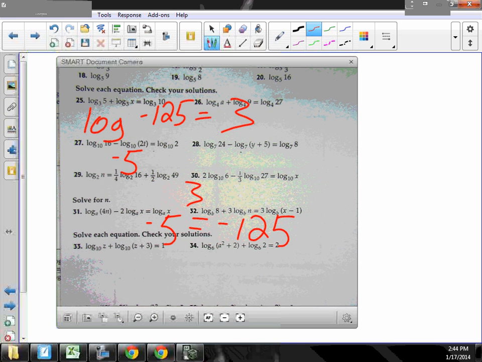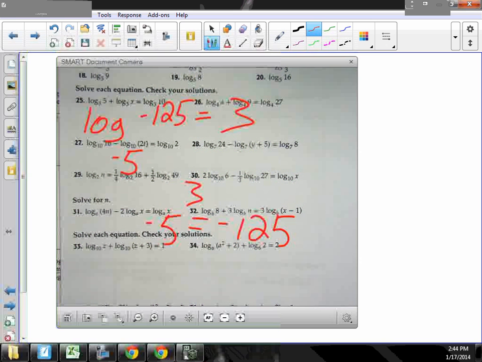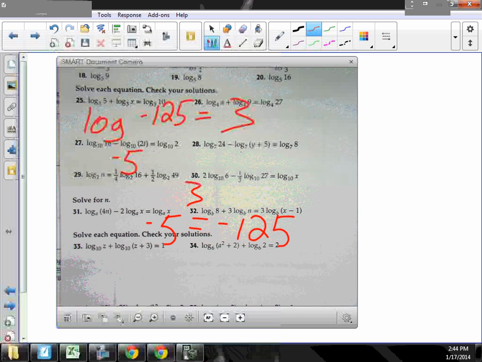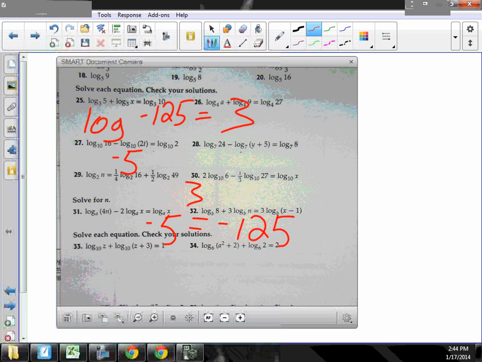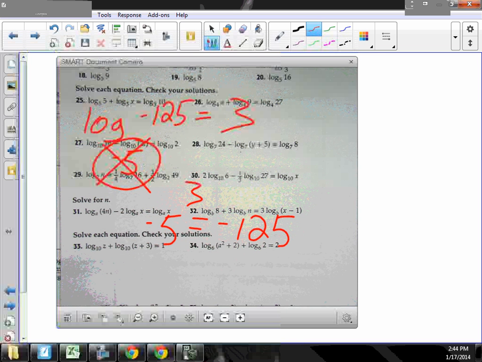And while that is true, because the negative rules are different with even numbers and odd numbers, and fractions are even more messed up, we don't include those as part of the domain of the function. So what we say is that those numbers are not part of the logarithms. Technically, you could do that.